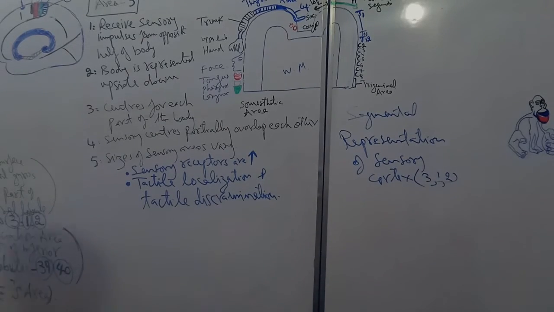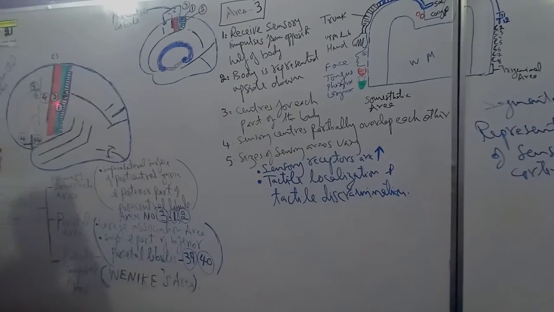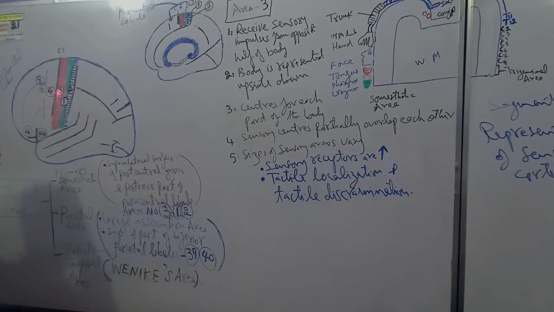Again, I will repeat here. In the sensory cortex area number 3, behind the central sulcus, the trigeminal area, sensation from face, then cervical region, C8, 7, 6, 5, 4, 2. After C2, thoracic region, T12, 11, 10, etc. Then the upper part of the lumbar region reaches the superomedial border.